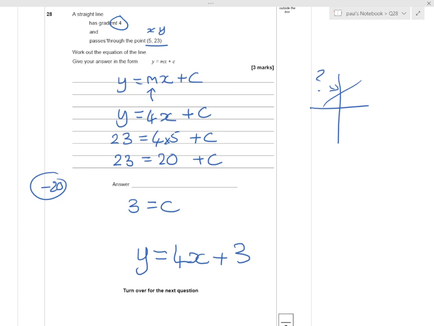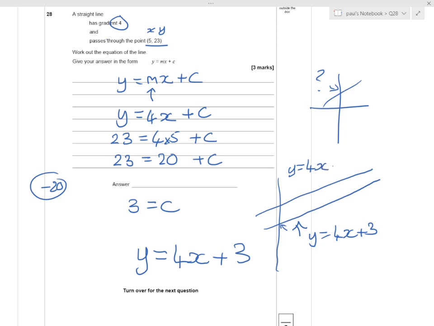One other thing to mention on this sort of thing is parallel lines. Parallel lines have the same gradient. Therefore, if this line was y equals 4x plus 3, and the 3 is where it crosses there, this line would be y equals 4x, say, plus 5, because it crosses that y-axis a bit higher up.